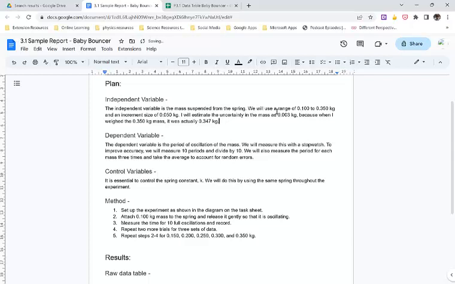So by making the uncertainty in the mass 0.003, I've kind of included the value.